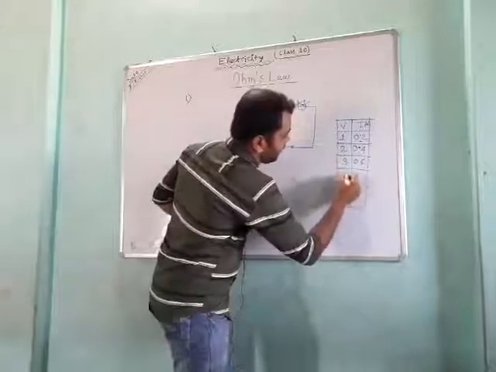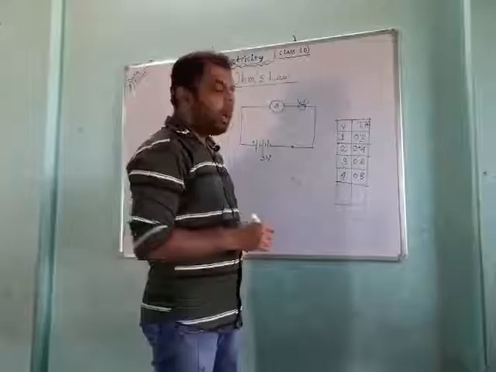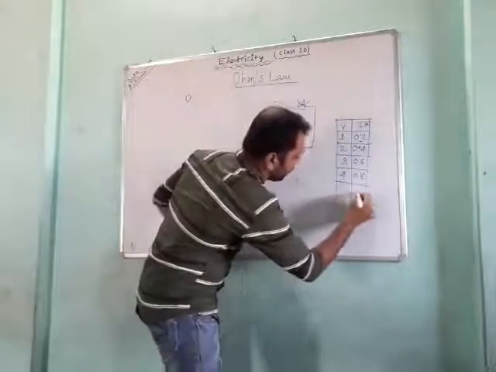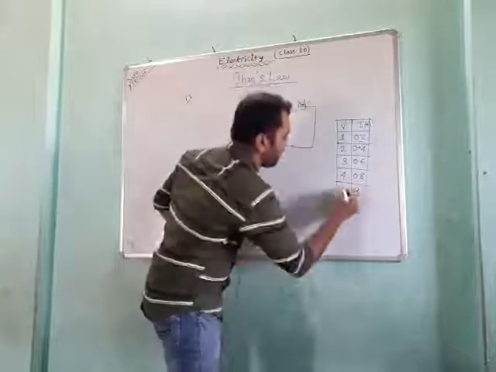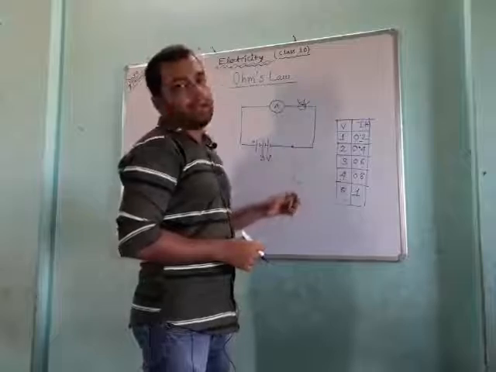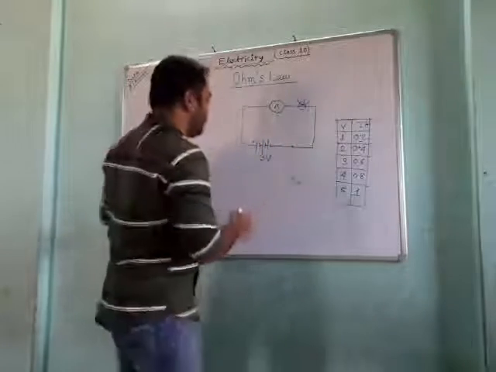Similarly, we can get 0.8 ampere current against 4 volt. We can get 1 ampere current against 5 volt. This is the gist of Ohm's law. What is Ohm saying?